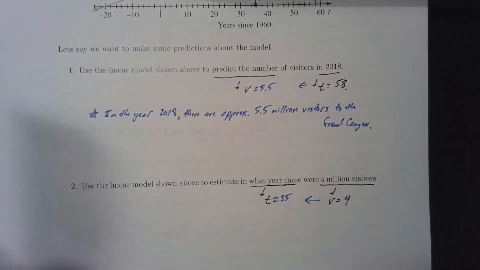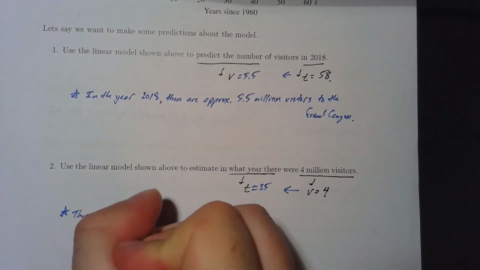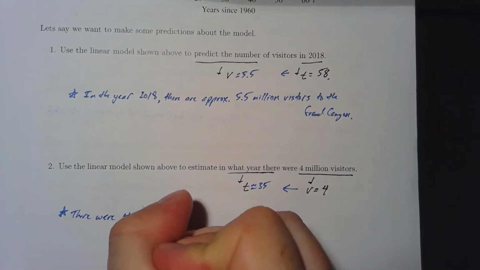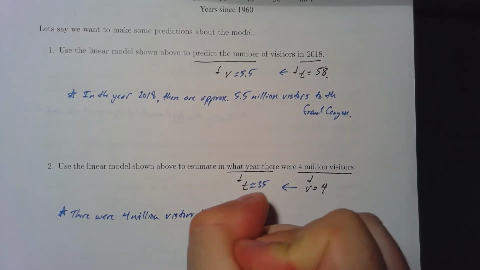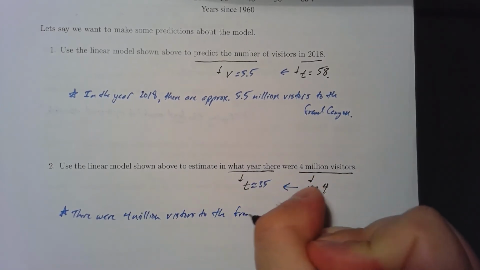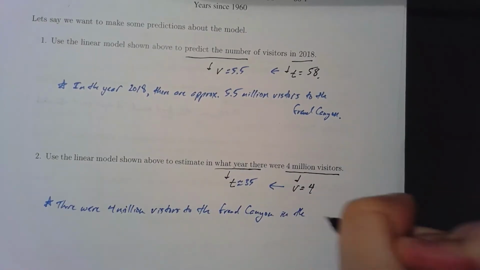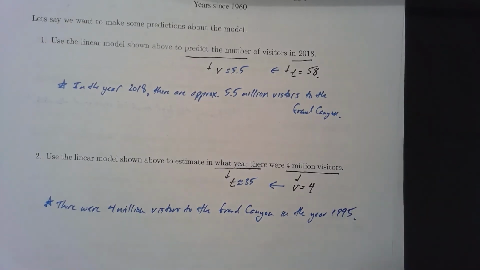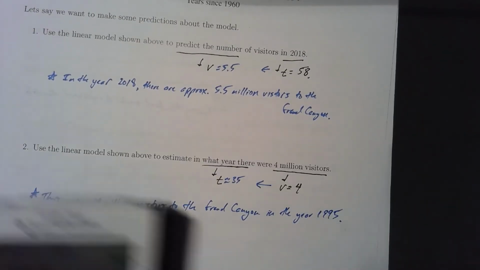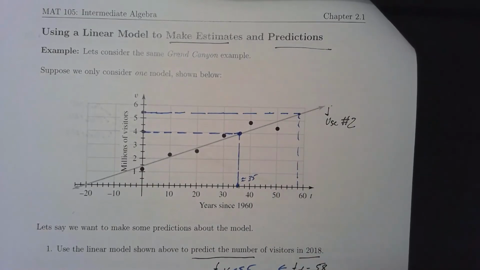So to answer the question, there were 4 million visitors to the Grand Canyon in the year 1995. And that's it. So this is one way we could use a linear model to make some estimates and predictions.